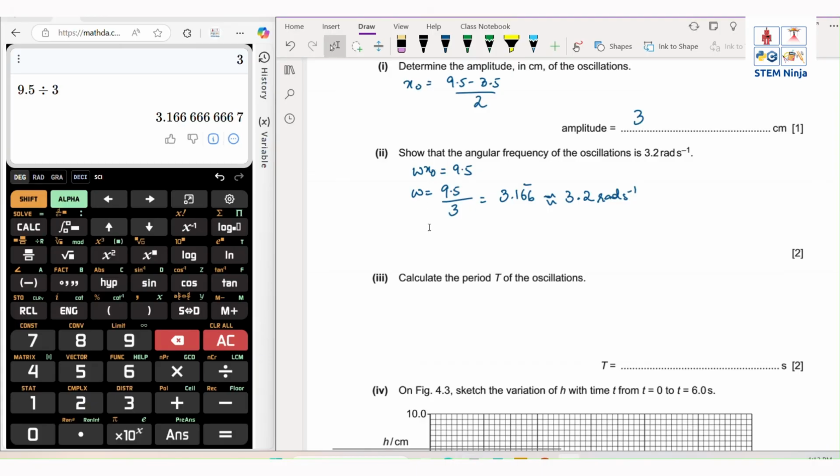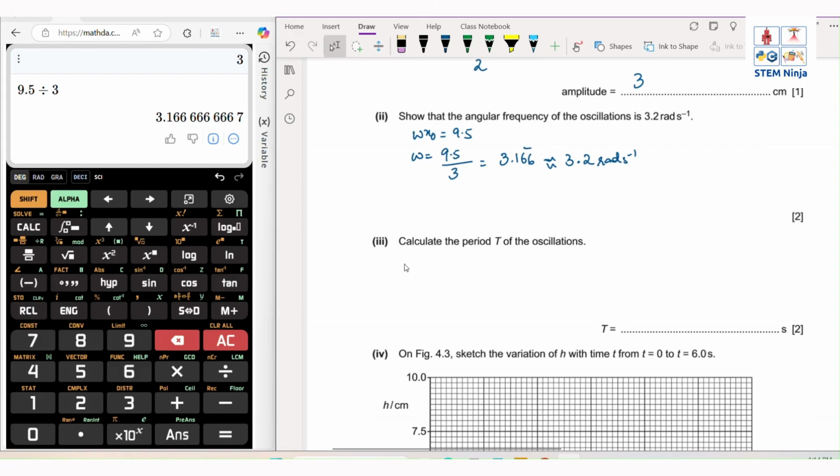Now, calculate the period T of oscillations. This is straightforward because we know that omega is basically 2 pi over T. So therefore, T would be 2 pi over omega.